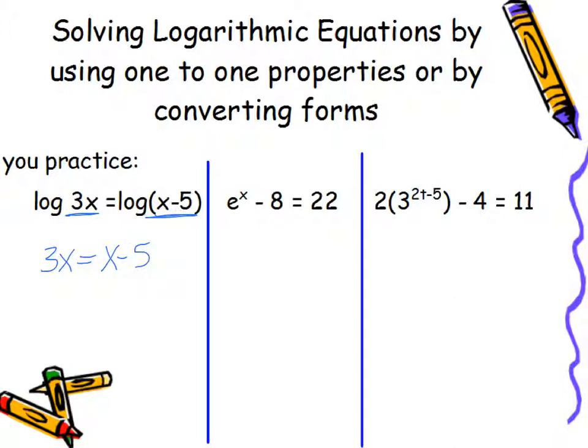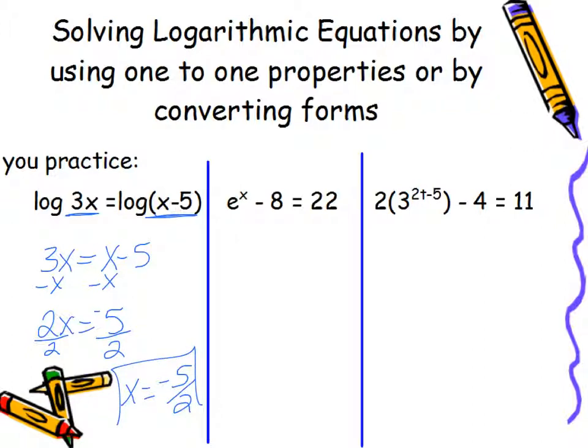And once you get rid of the logs, it's just a simple little algebra equation. So x is going to be equal to a negative 5/2.